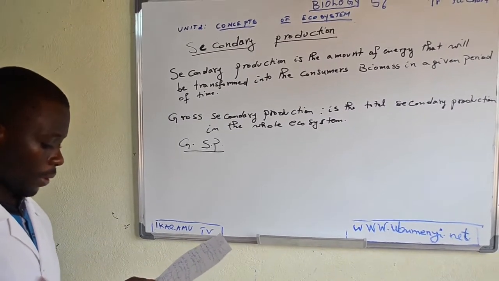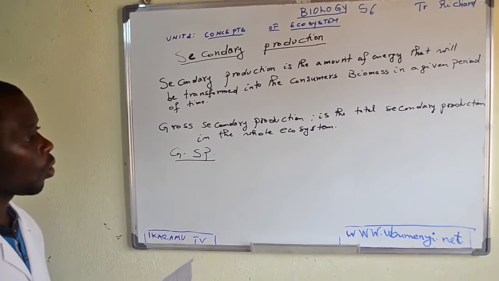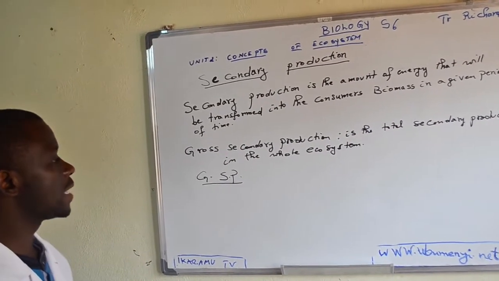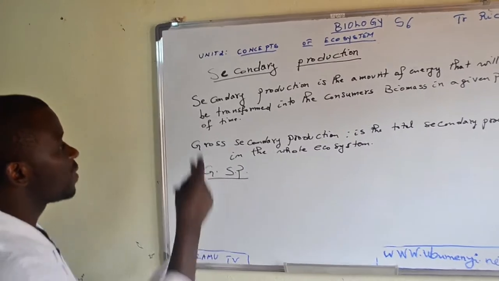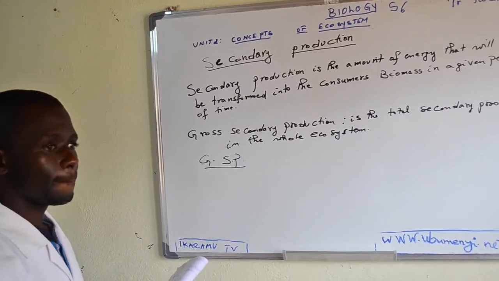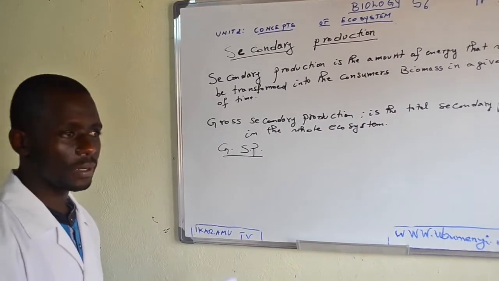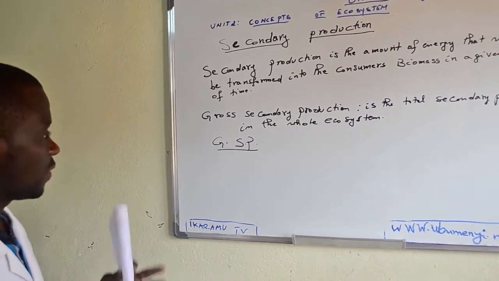So we can also have what we call a net secondary production. Why do we say net? Because some of this energy is used in respiration and other metabolic activities.